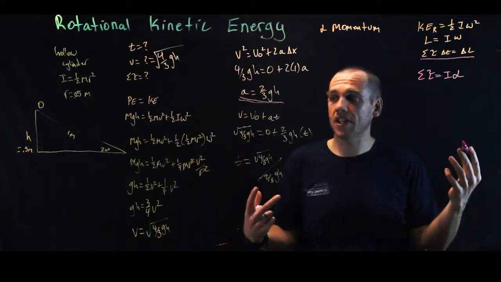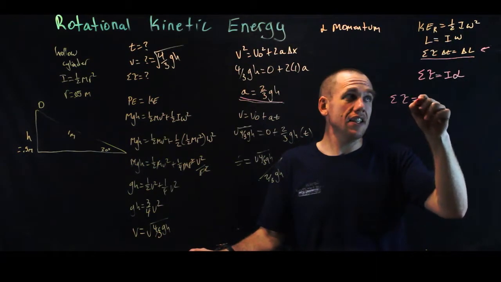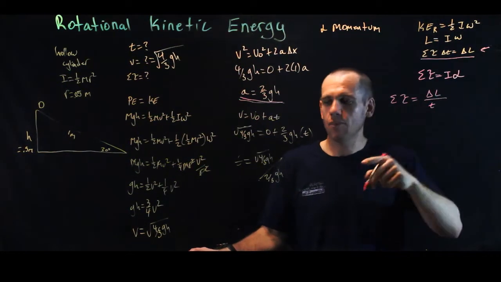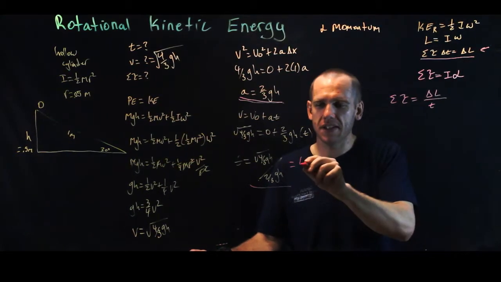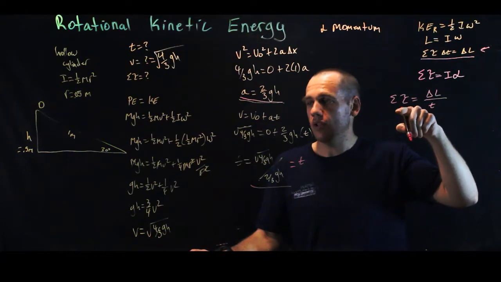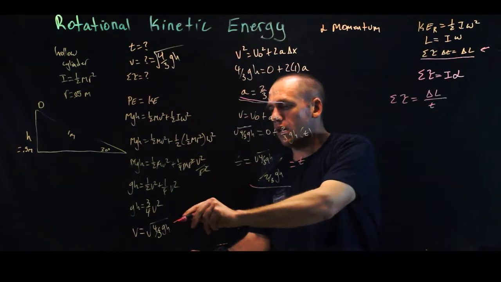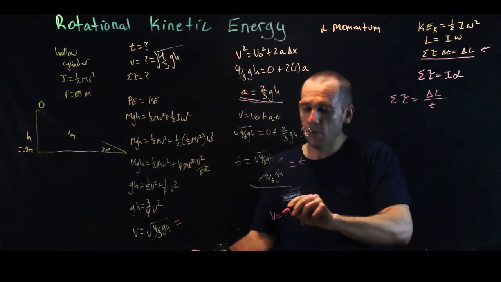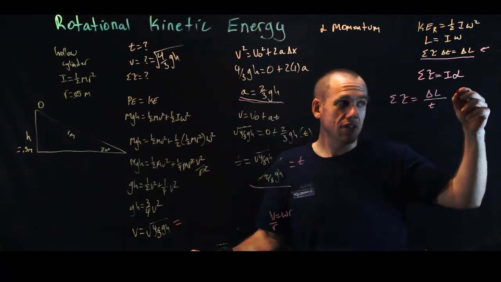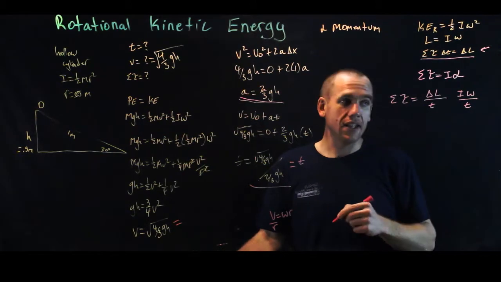So there's a lot of different ways to solve this. I'm going to use this one real quick. So net torque is equal to the change in angular momentum divided by the change in time. Well, there's my time, whatever this is, t. Here is the change in angular momentum. Well, it went from 0 to having some. We know our final velocity is right here. To get that, v equals omega r. So if I divide v by r, I get omega. So all I have to do is take I omega divided by time to get my net torque.